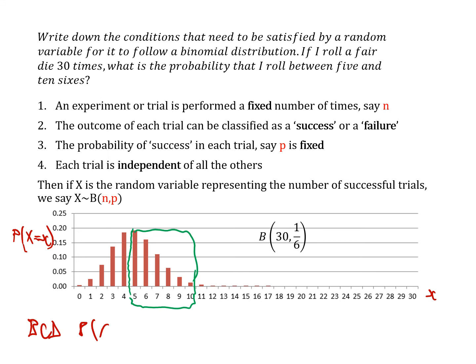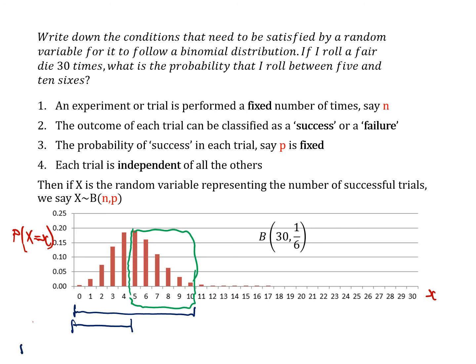So what I'm going to do is say that the probability of getting between 5 and 10 sixes is equal to the probability of getting less than or equal to 10 sixes minus the probability of getting less than or equal to 4 sixes.